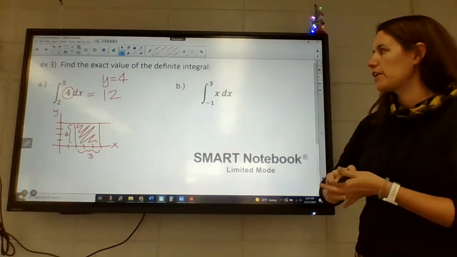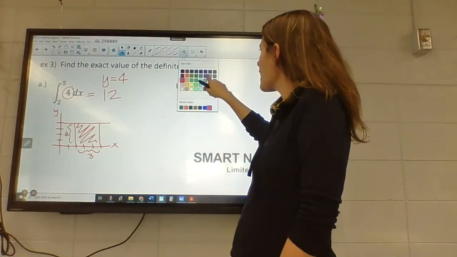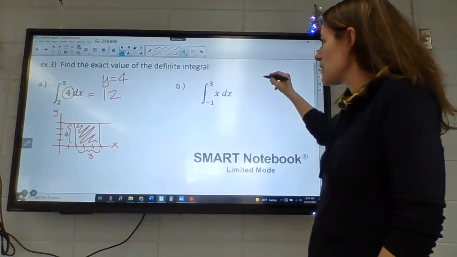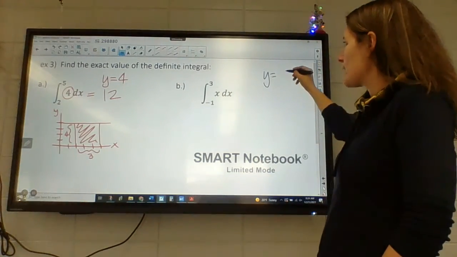So this one, the equation is y equals x. Now this one's a little bit more complicated because it has a negative.